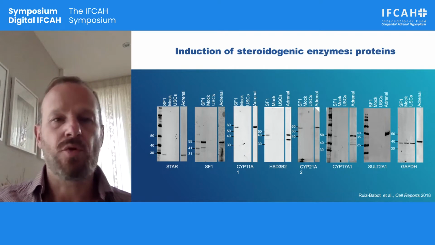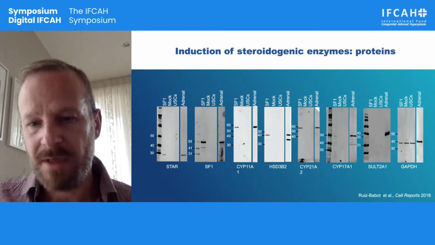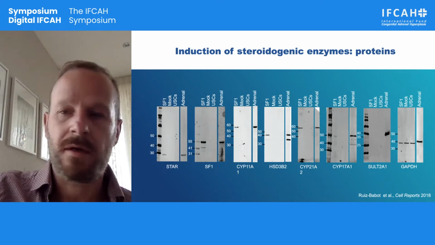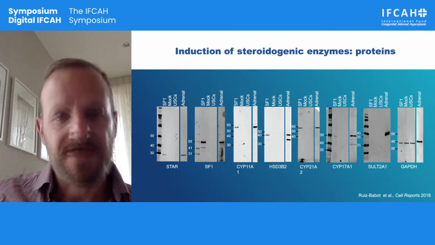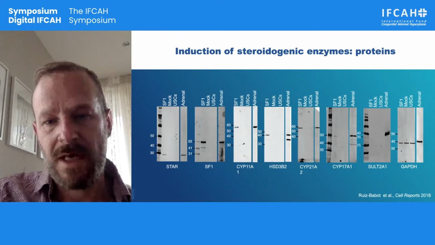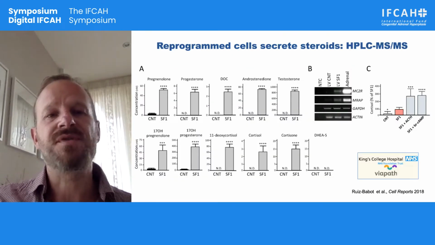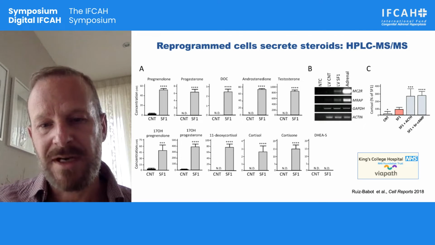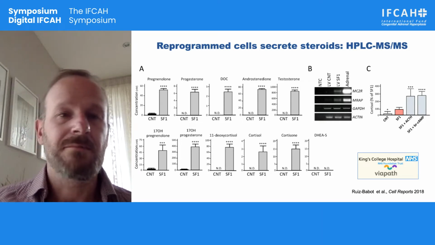Without going through all the data, cells which were reprogrammed using this strategy were de novo expressing the vast majority of the steroidogenic enzymes at the mRNA and protein level, as you can see here. And we also used mass spectrometry to analyze a panel of steroids.